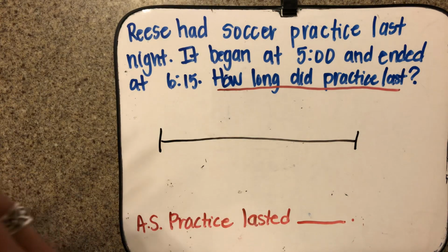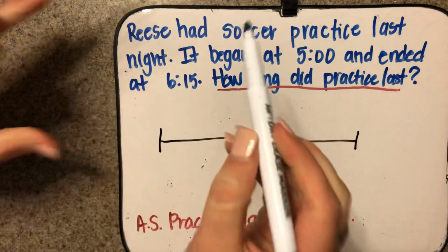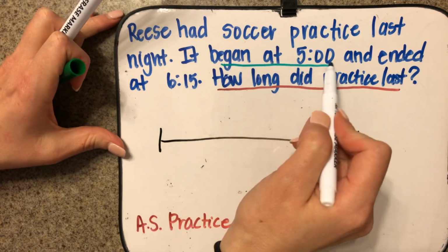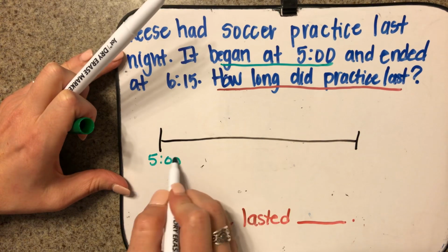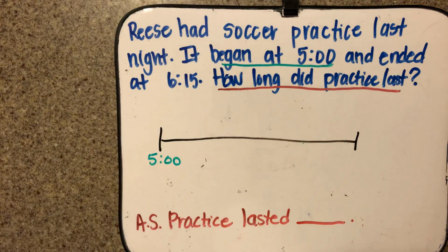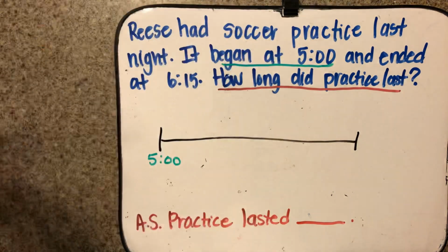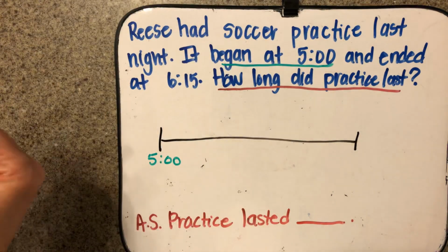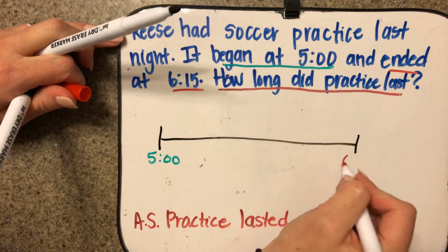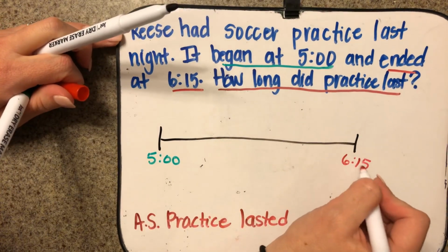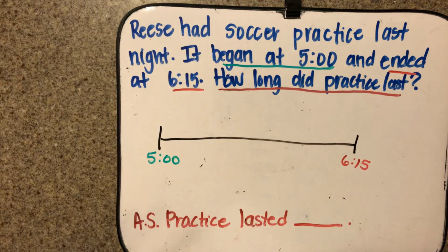Back in the problem, we know that her practice began at 5 o'clock, so that's my start time. I can go ahead and write that here. Our end time, we know that her practice ended at 6:15, so I know my start and my end time. We won't know that with all problems, but for this one, we do.